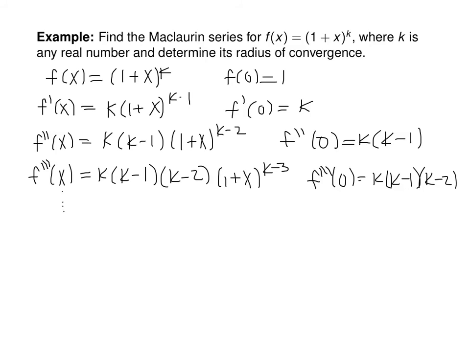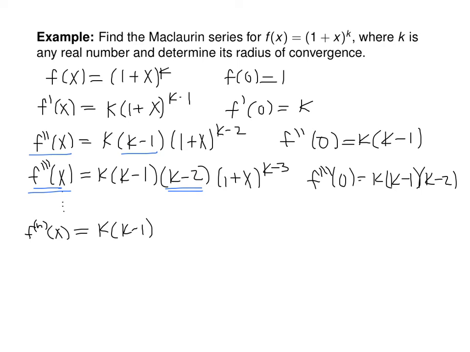Now in general, the nth derivative is going to be k times (k minus 1), and notice the last term. The third derivative ended with k minus 2, the second derivative ended with k minus 1.